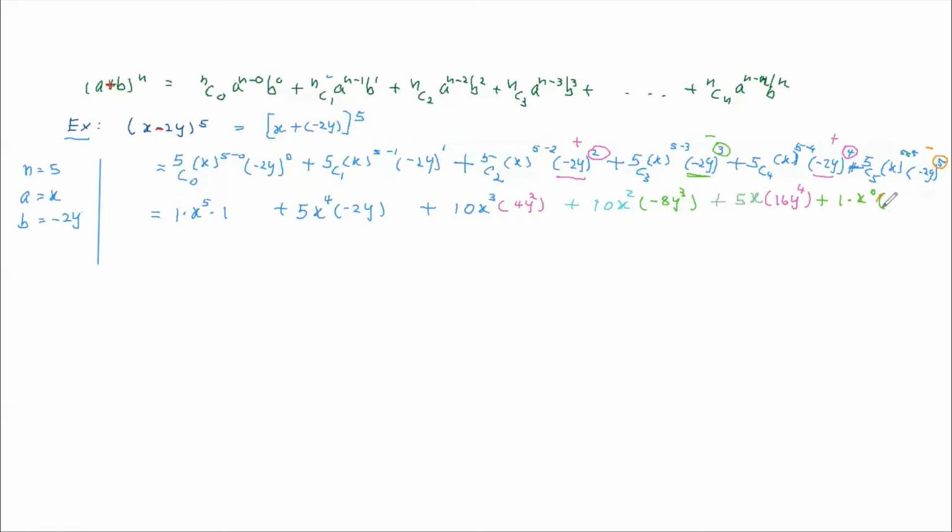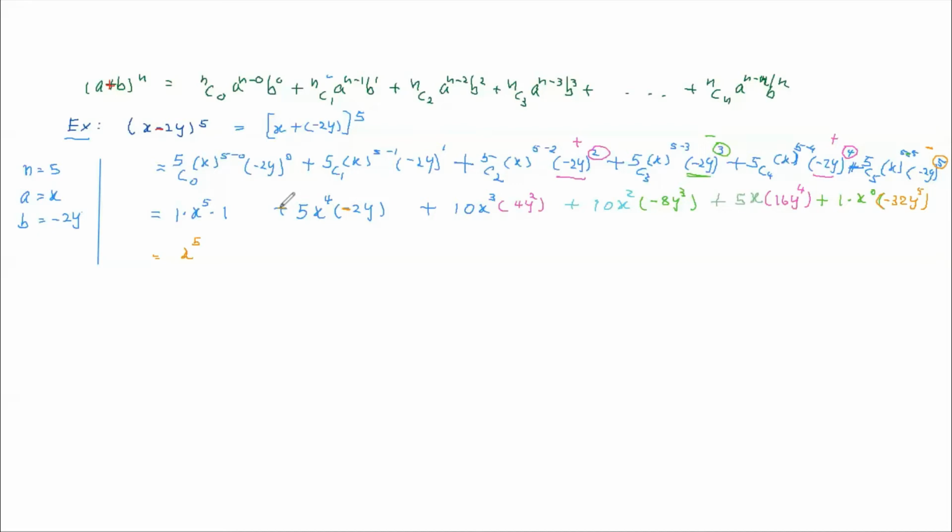So this one is going to be minus 2 power 5, which is 32, y power 5. Then, okay, now simplify: 1 times x power 5 times 1 becomes x power 5. And then you observe this one, the minus sign, and this term, right?